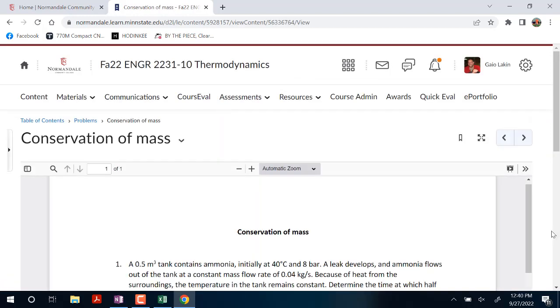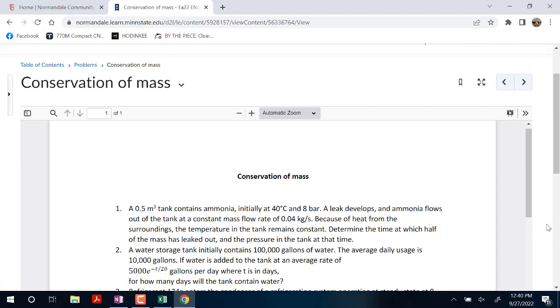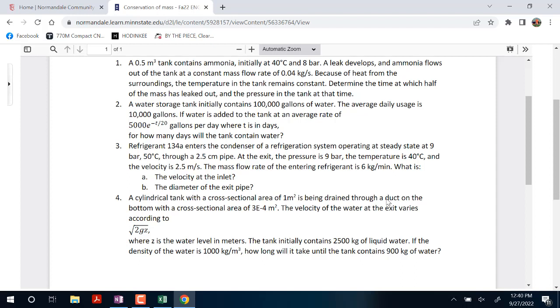So this one says, you have a cylindrical tank. There's a cross-sectional area of 1 square meter. So it's a tank with this 1 square meter cylinder, and it's being drained through a duct at the bottom, and it gives you the cross-section of that. And it tells you the velocity of the water coming out of the duct according to the height of the tank.